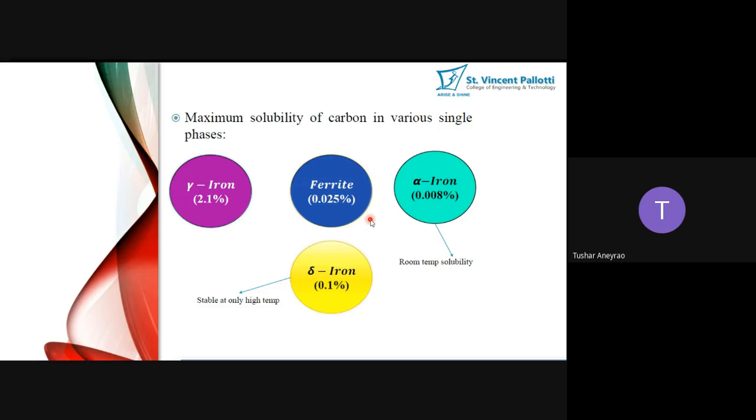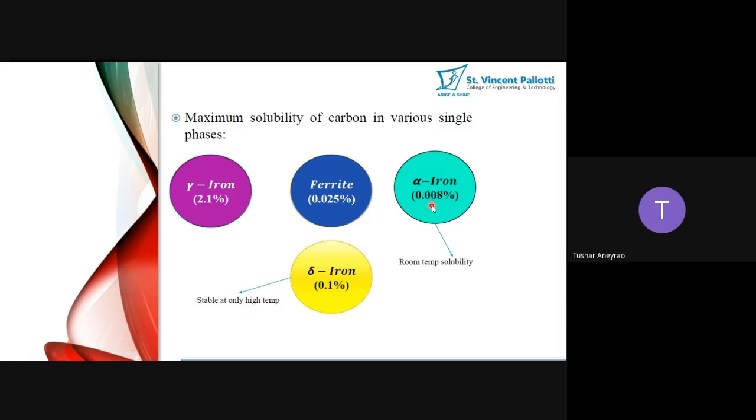Please try to remember these percentages. You can only remember these things if you go through these notes or diagrams repeatedly or daily, right? Then and only then will it get imprinted in your mind and you can easily remember them.